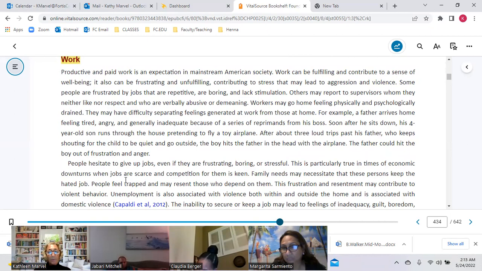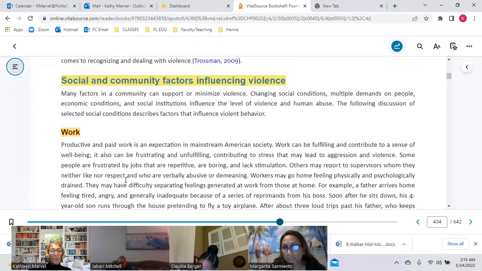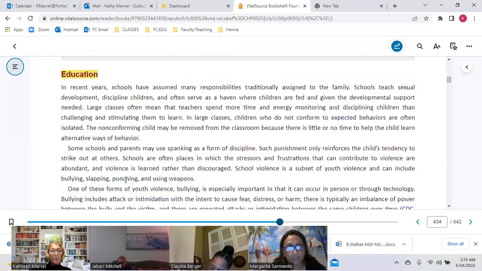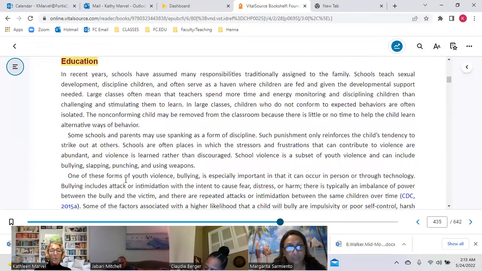Workplace violence. So work is a factor that affects violence. Schools, education: we have bullying, we have harassing, we have school shootings, school stabbings.